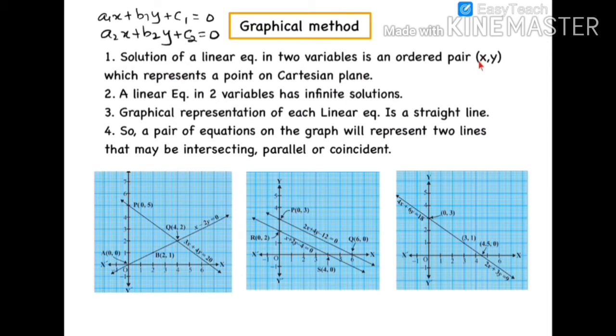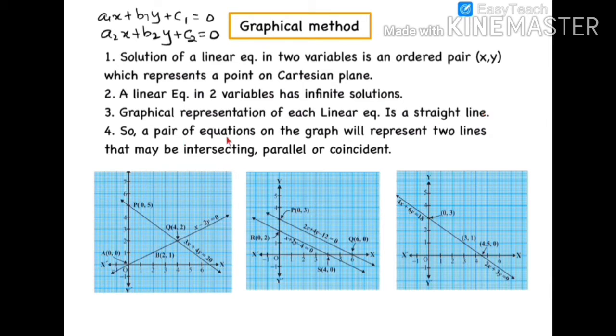Since we can choose infinite values for x, we will be able to find infinite corresponding values of y, and therefore there will be infinite ordered pairs which when plotted on the graph will give a straight line. So each linear equation represents a straight line.